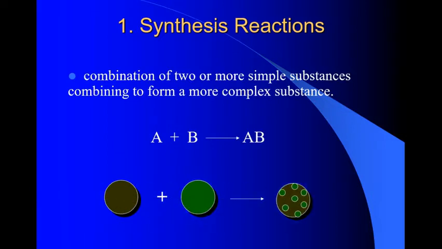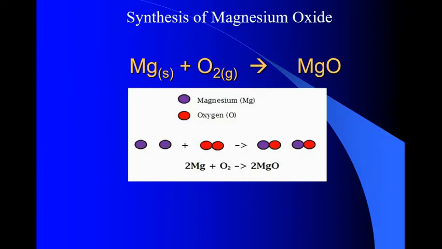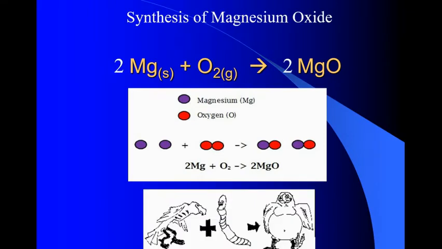Here's an example of a synthesis reaction where you have elements on the reactant side, and then on the product side, you have a compound. Remember, oxygen is O2, so that is what elemental oxygen looks like. You're never going to have O, it's always going to be O2. And of course, we have to balance it.